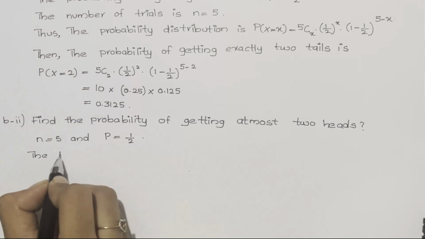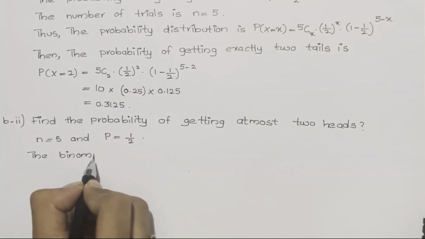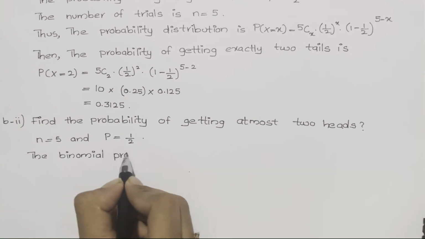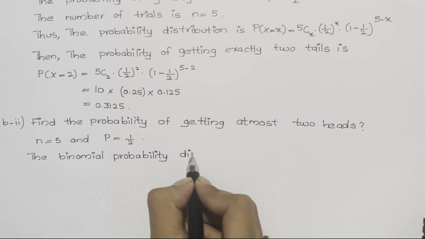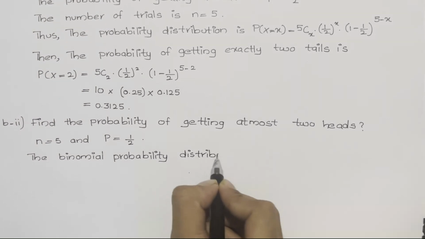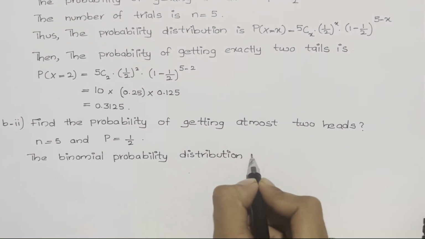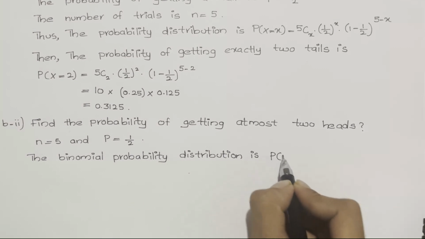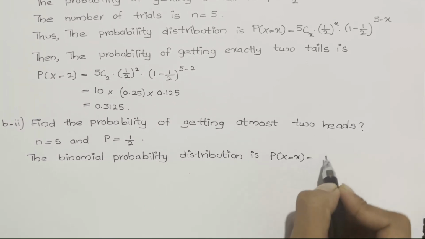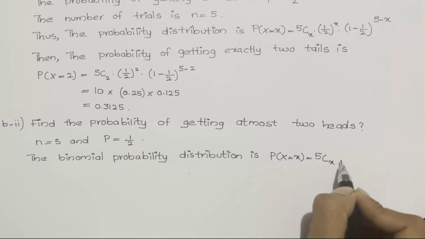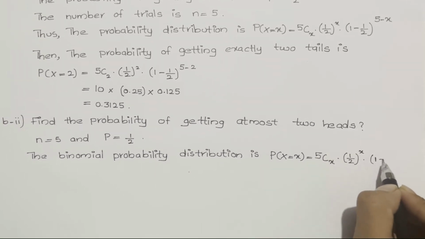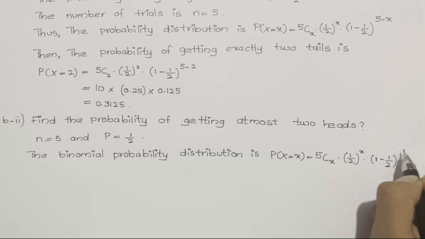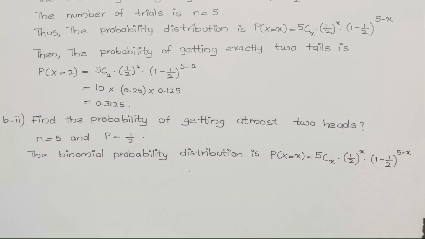The binomial probability distribution is P of x equal to 5Cx into (1 by 2) whole raised to x into (1 minus 1 by 2) whole raised to 5 minus x.